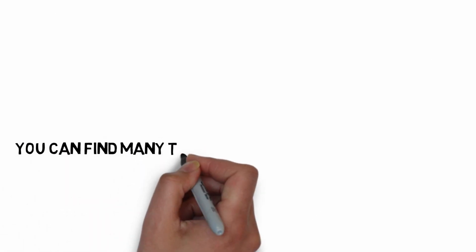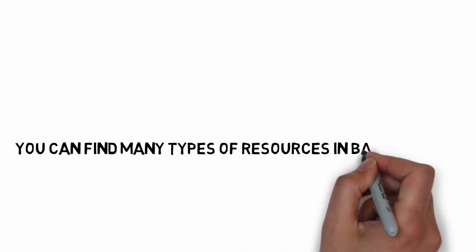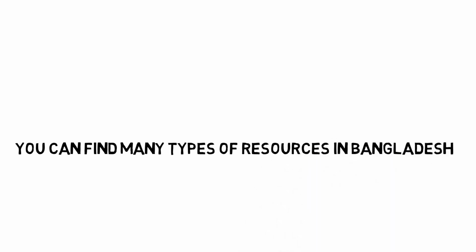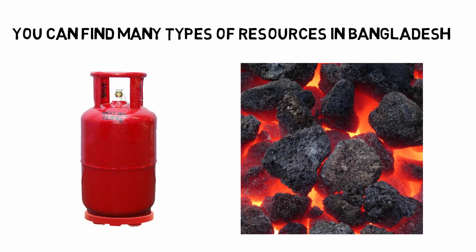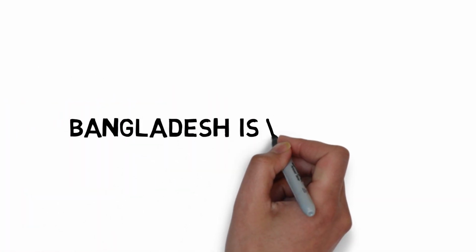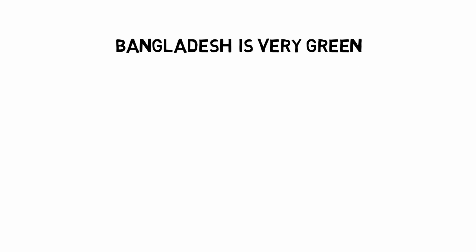You can find many types of natural resources in Bangladesh. The main mineral resource of Bangladesh is natural gas. We also get coal and some minerals. Bangladesh has so much green and is full of rivers.